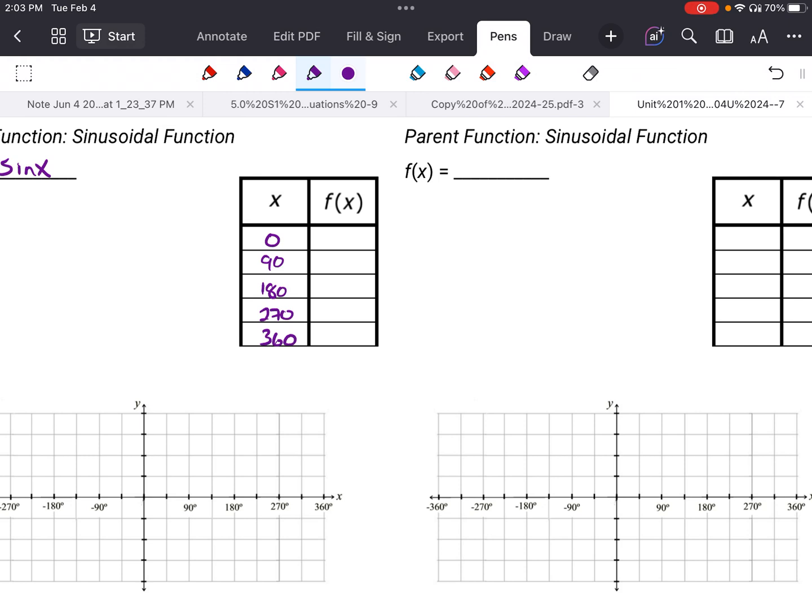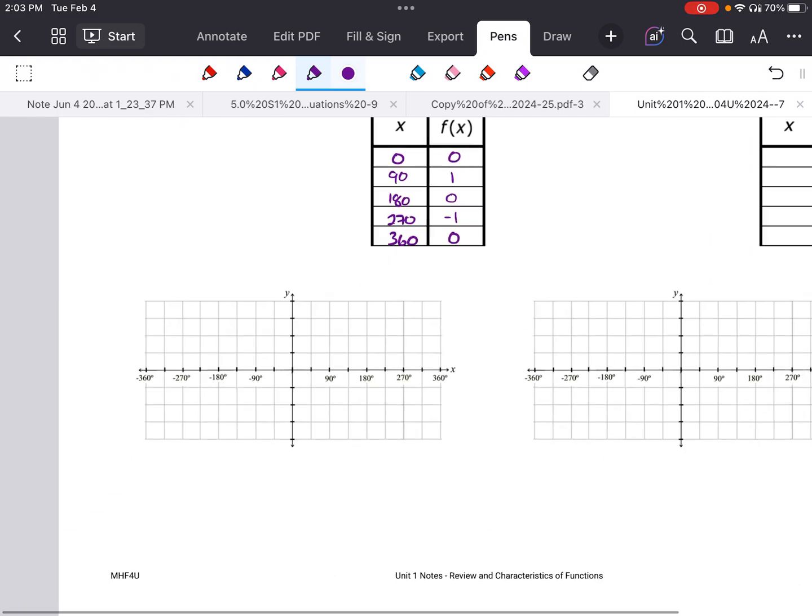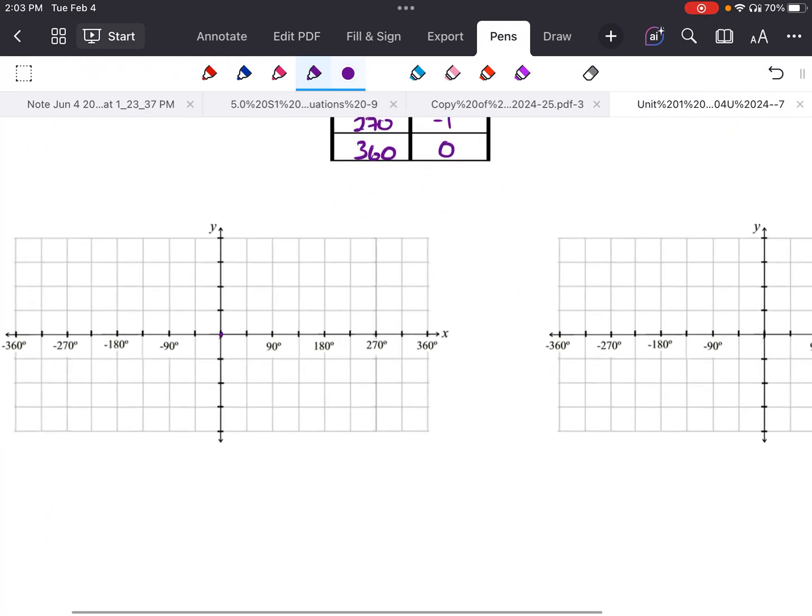With sine, the values are 0, 1, 0, negative 1, 0. And it does it backwards too: negative 1, 0, 1, 0.